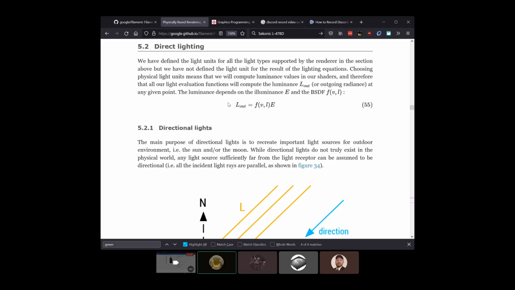Because it's just the transfer function times the input. Yeah. You basically take 100% and then figure out how much of it comes out in the direction you're looking from, the direction of the camera, the direction of the light.